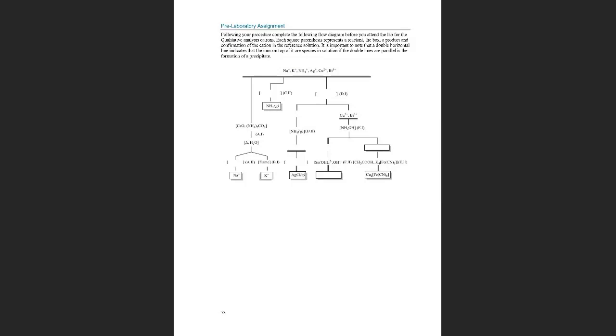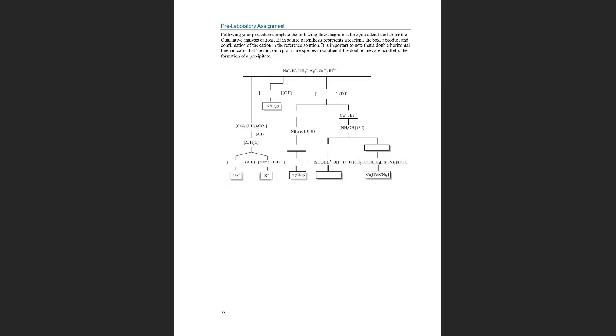Before we go to the practice problems, I want to make sure that everything is clear. So this is basically a summary, or they call it a flow diagram, of your practice.